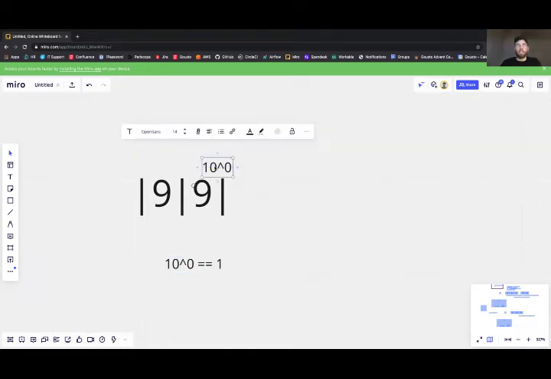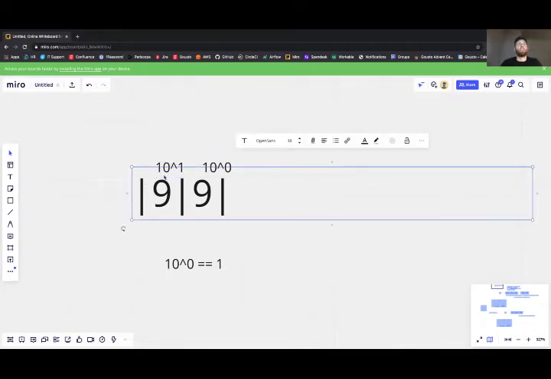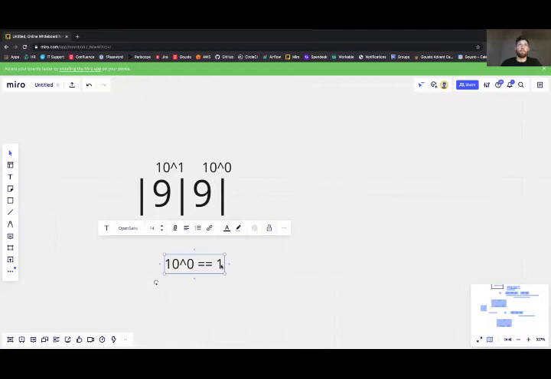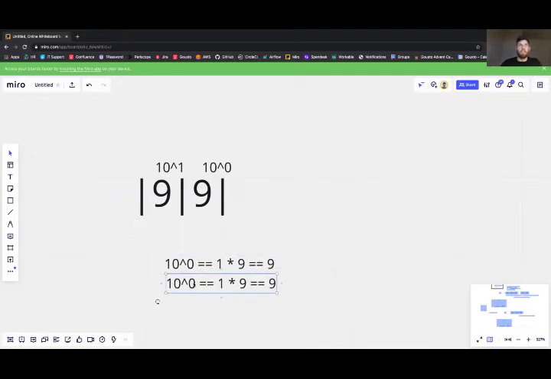The tens place corresponds to 10 to the power of 1. So this is saying how many times 10 to the power of 1 do I want? I want 9 times 10 to the power of 1. 10 to the power of 1 equals 10.